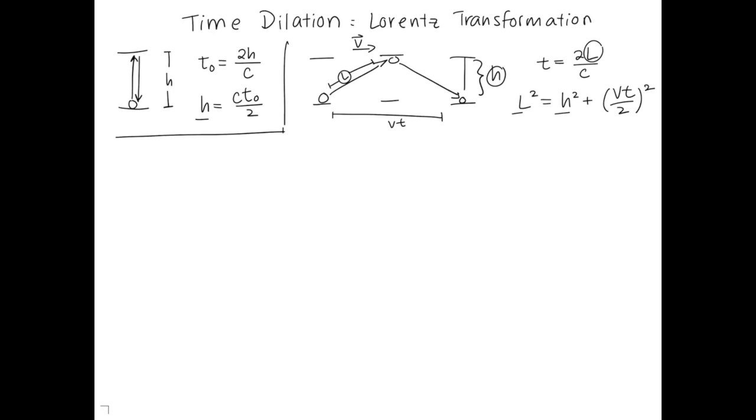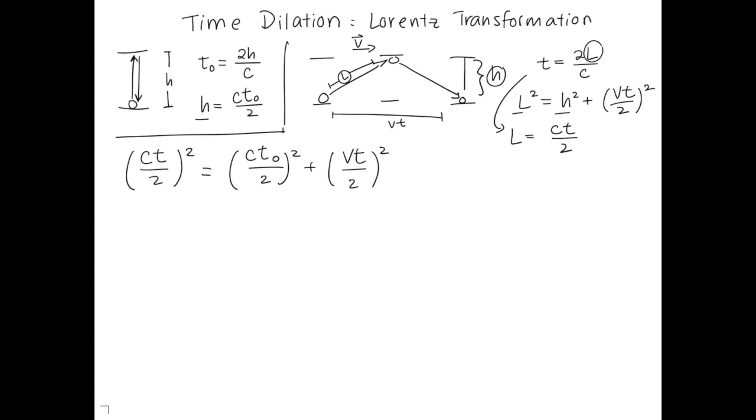So to do so, we can once again solve for L here to get that L is equal to ct divided by 2. When we plug that into our equation, we find that L squared is equal to (ct/2) squared, is equal to h squared, which is (ct0/2) squared, plus (vt/2) squared.